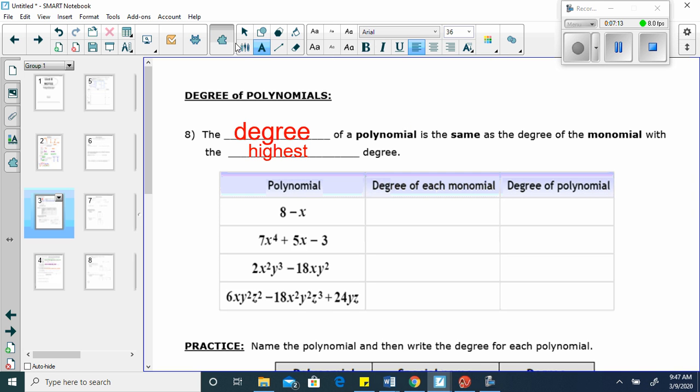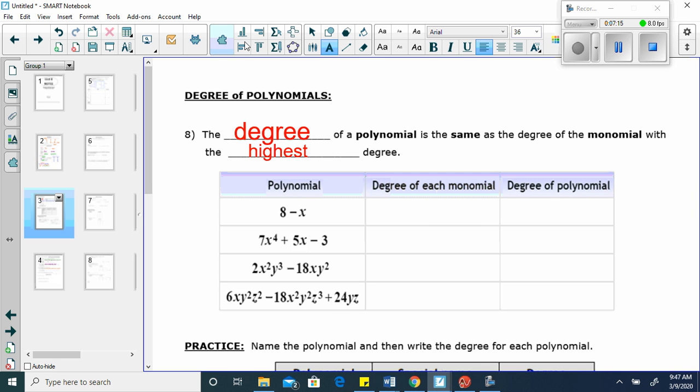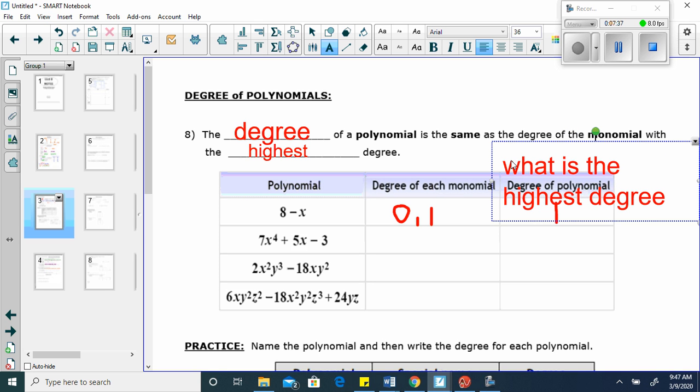For example, down here, what is the degree of 8? 0. And what is the degree of negative x? 1. What is the highest degree? 1. That's the question you're asking yourself: what is the highest degree out of each monomial?